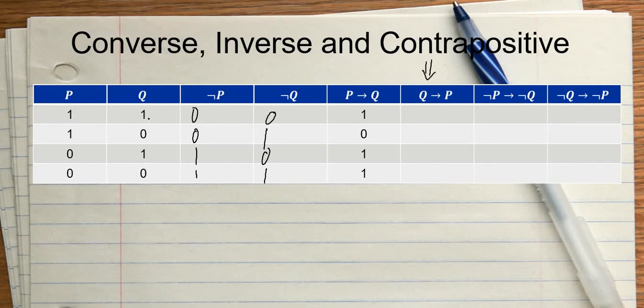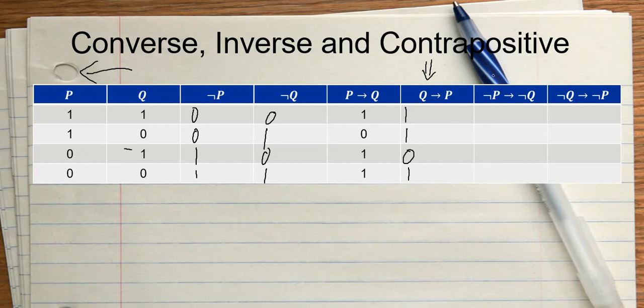For Q implies P, we're going to go in that direction. So 1 implies 1 is 1. False implies true is true. True implies false is false. And false implies false is true. So that is for our converse.